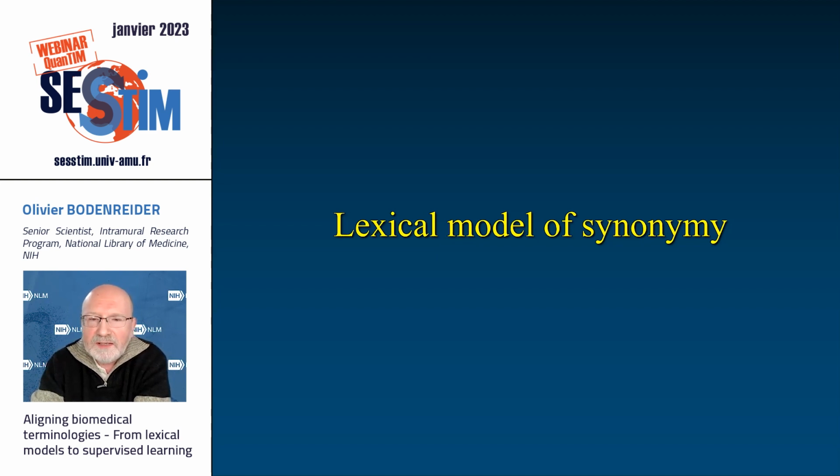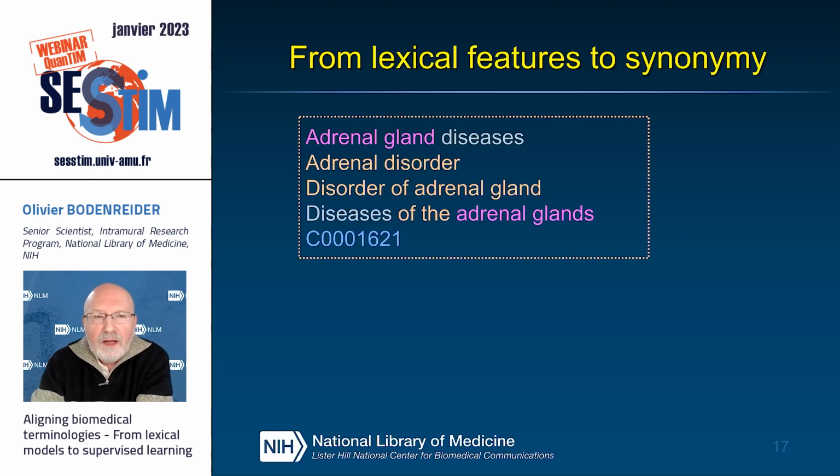Let's see how it's been done for the past 30 years, which is by creating a lexical model of synonymy. So when we look at these terms, adrenal gland diseases, and the first one and the last one in particular, diseases of the adrenal glands, there are some commonalities, but there are also some differences. For example, adrenal is capitalized in the first term, but not in the last one.